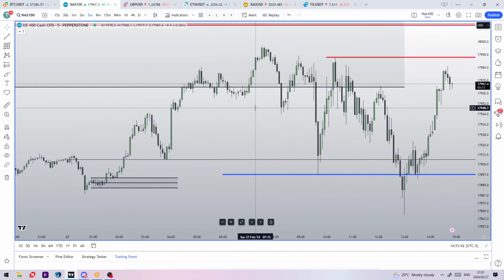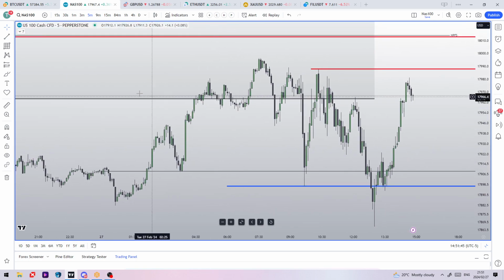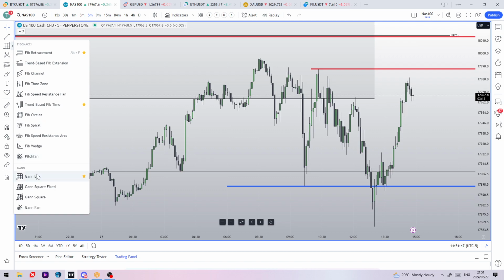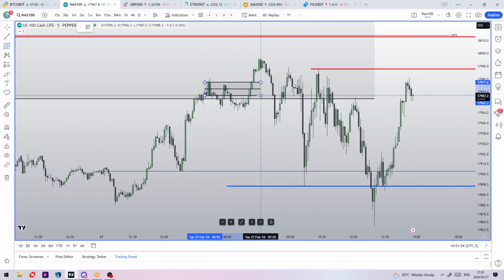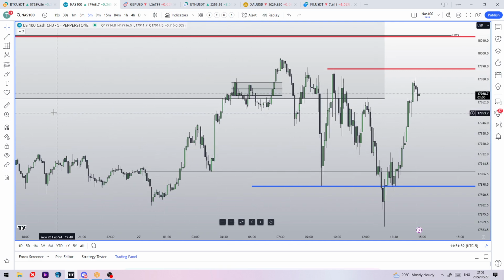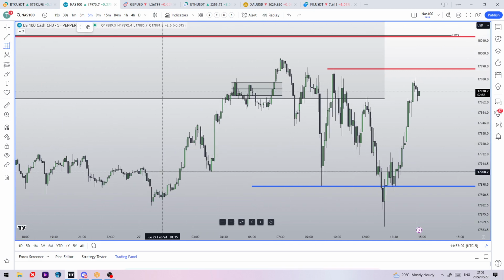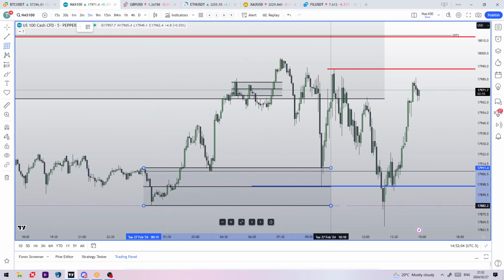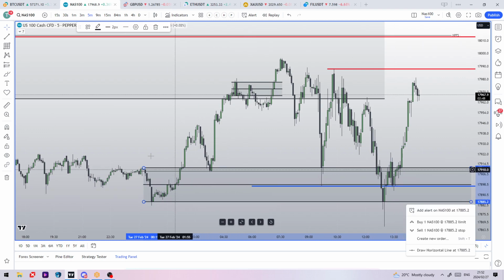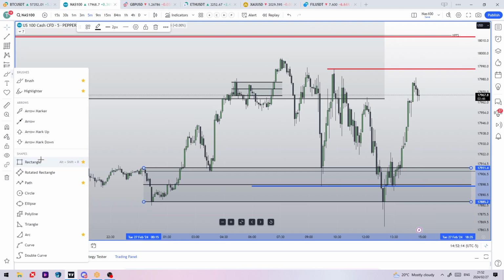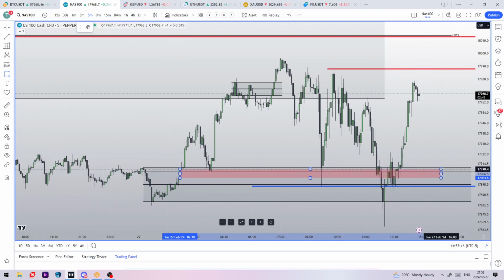Now when I started to see this happening, first of all, this was supposed to have been the setup at this point right here. I drew out this range right here before any of this price action happened. We marked out, I think it was this OB range right here, and I think we had an imbalance that looked something like that, right?